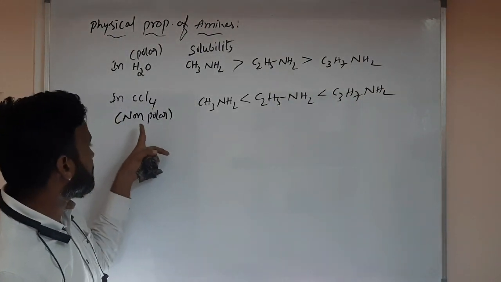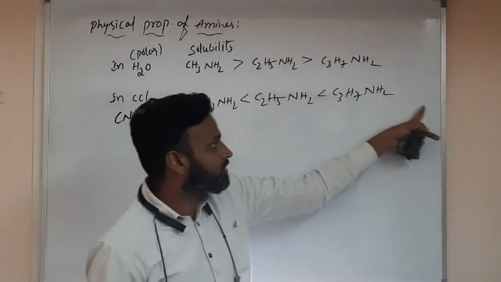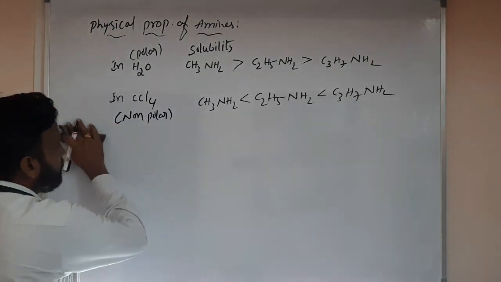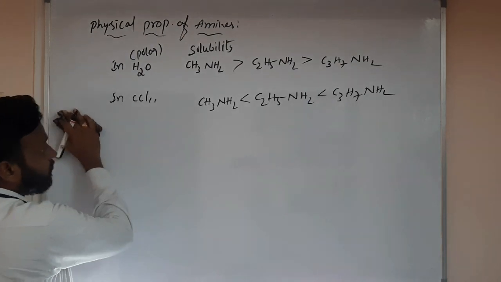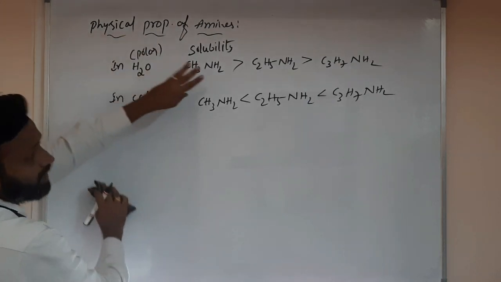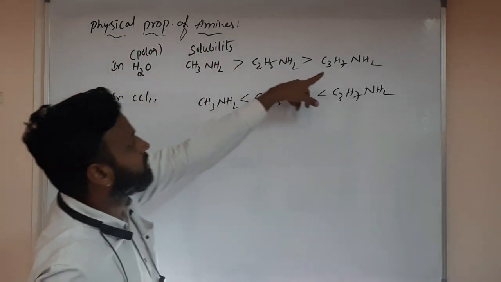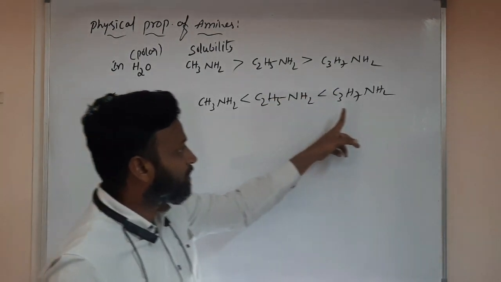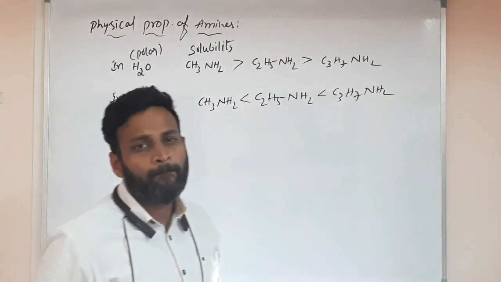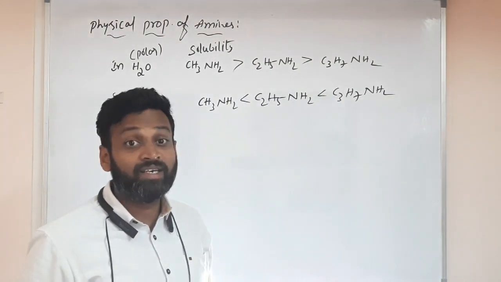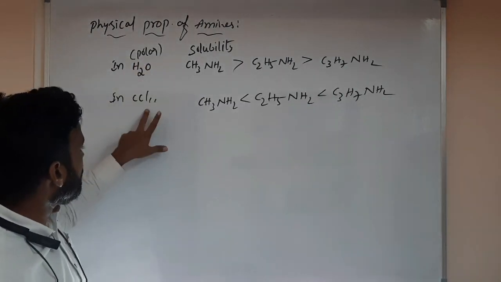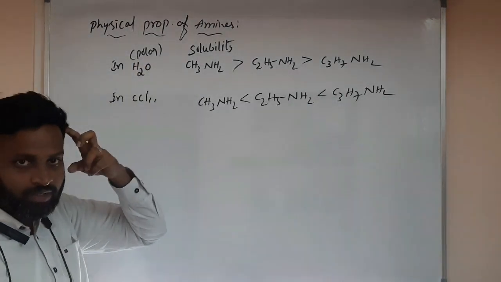In CCl4, a non-polar solvent, this is the solubility. So solubilities are very important. In polar solvents, as number of carbons increases, solubility decreases. But in non-polar solvents, as number of carbons increases, solubility increases. Any confusion? Water is a polar solvent and CCl4 is a non-polar solvent.